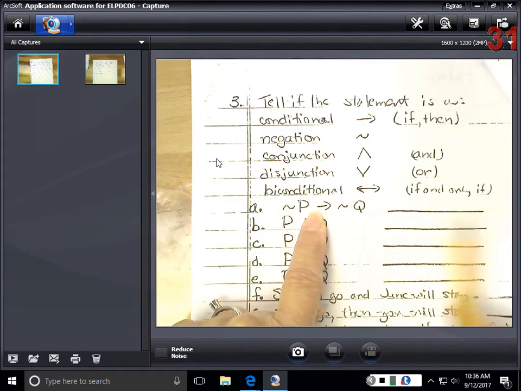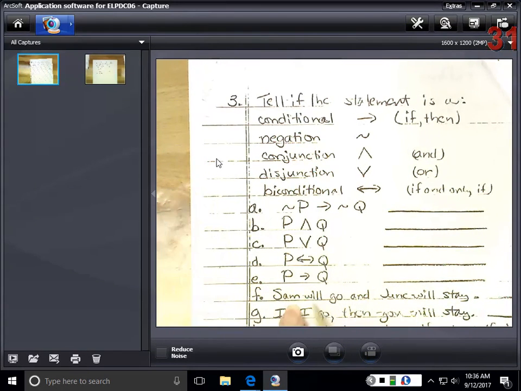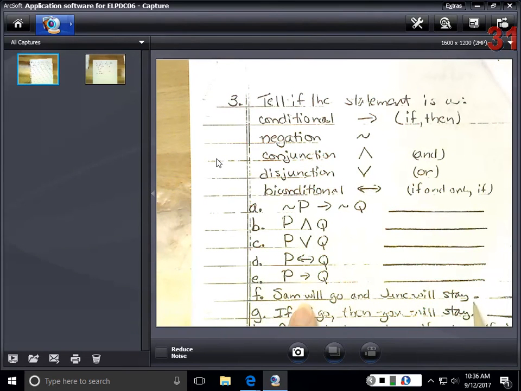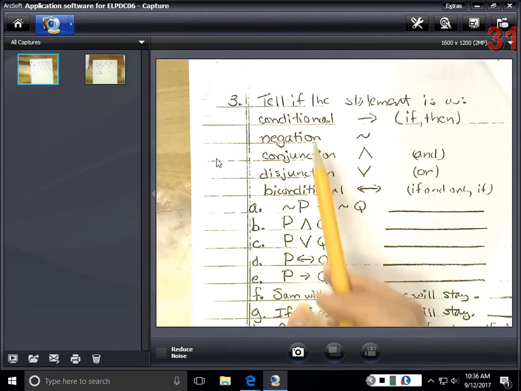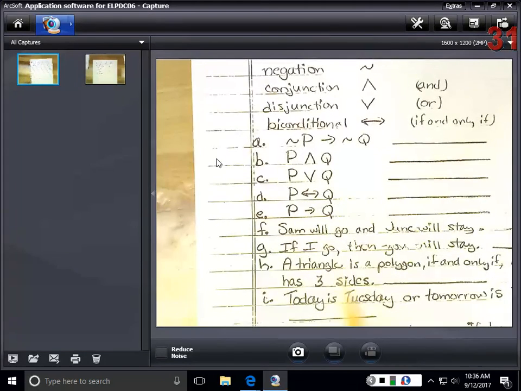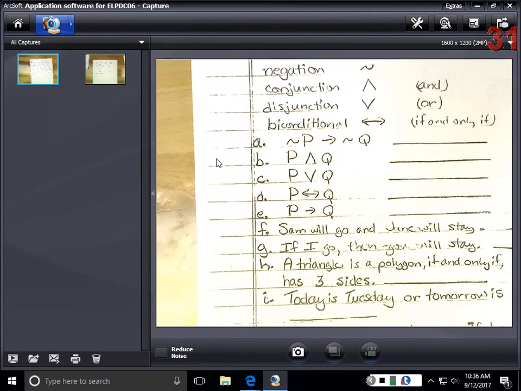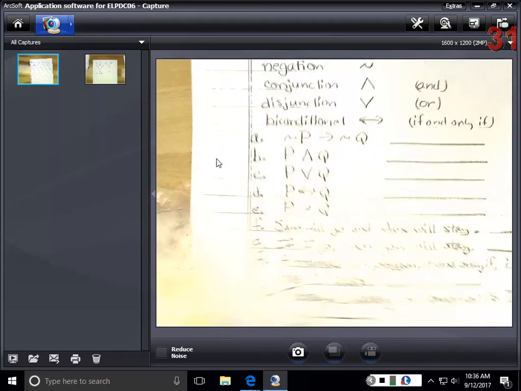So it can be more than one thing over here. Most of them are. Then down here, you have to tell from the words whether it's a conditional, disjunction, and so on. Then down at the bottom, you write these with symbols, P's and Q's. Does that make sense? I hope.